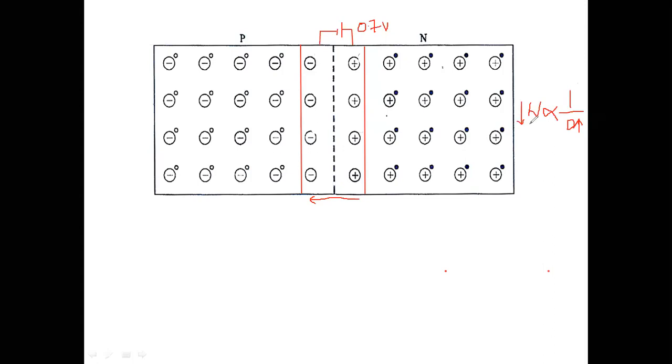If the doping level of the semiconductor is low, then the width at the junction will be high. This point you have to remember.